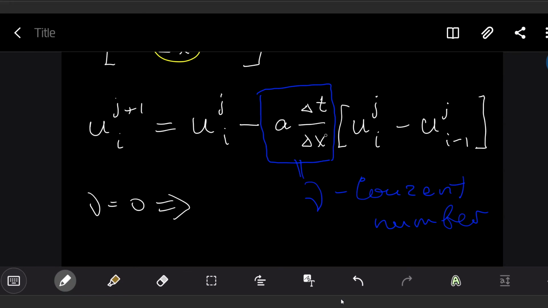We cannot have infinite distance between points. So the other possibility is delta t. Delta t is equal to 0. So from here we can have either a equal to 0, so the process is not moving, or the integration time step equal to 0, so we are not actually integrating anything. We are staying on the same time point. It's equivalent. Either no velocity or the same time point is absolutely not progressing.